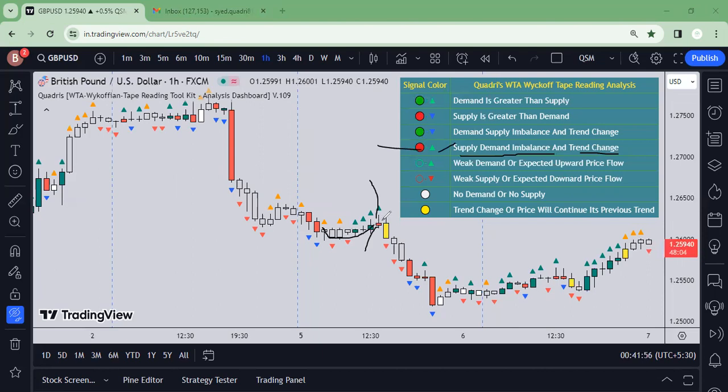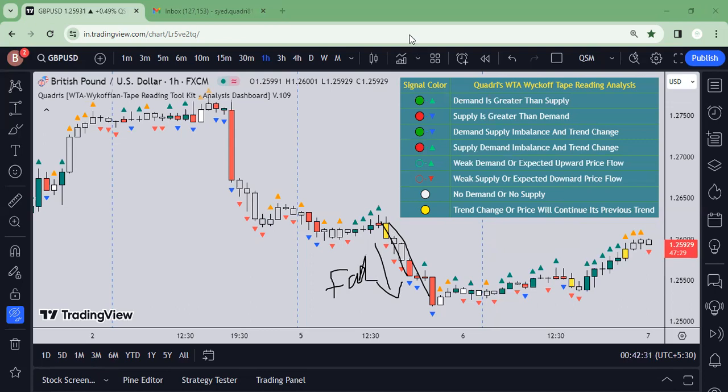If we are going upwards and this kind of candle is coming up, the trend change would definitely be in the opposite direction. It means this uptrend is going to be tested by a pullback, or there would be a complete trend change. Either way, prices are going to fall.